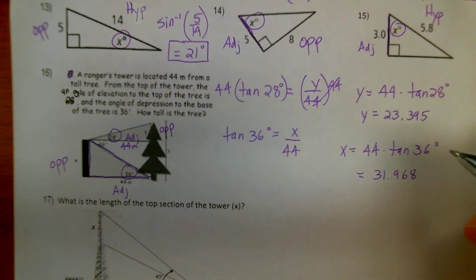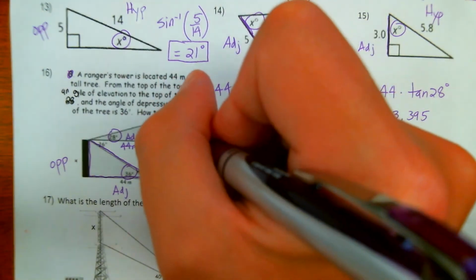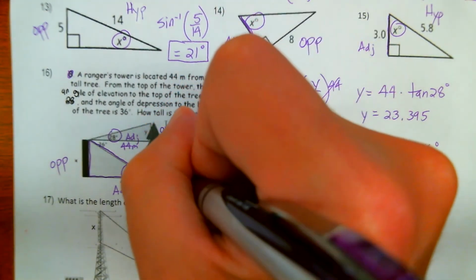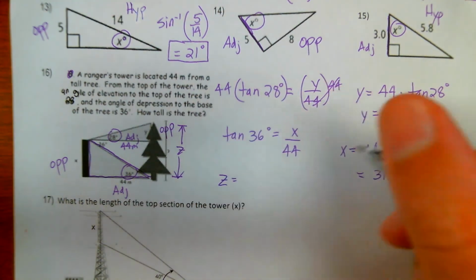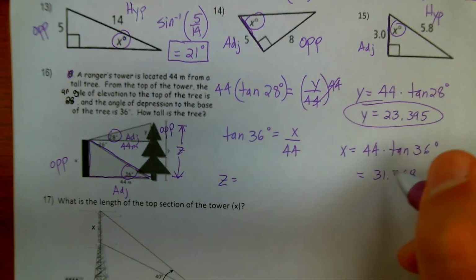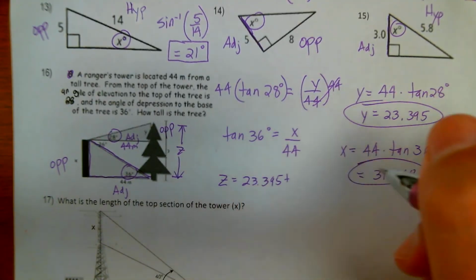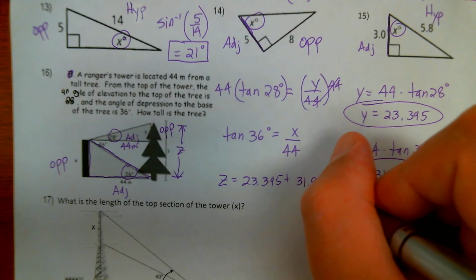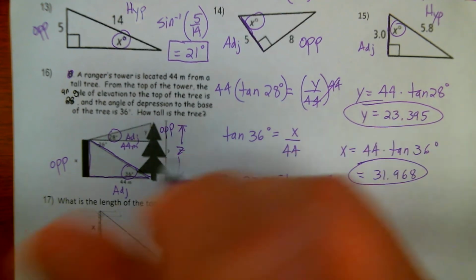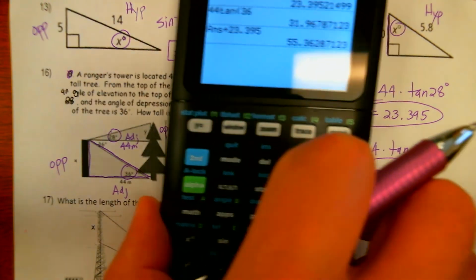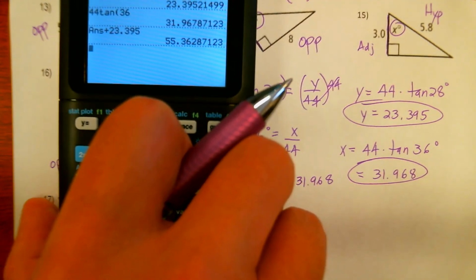Okay, so now to find the height of the tree, I'll call this z. The height, or z, is equal to, you just add these 2 together: 23.395 plus 31.968. You add those together, and we get 55.363.